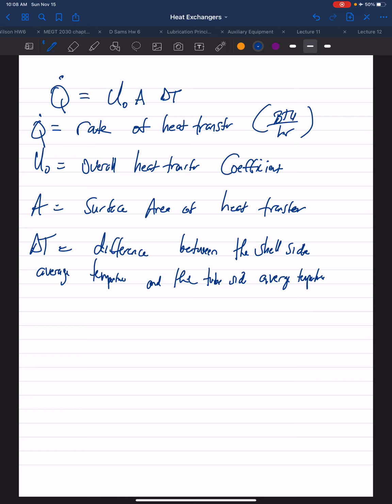So if you want a higher heat transfer rate, and this is all multiplication here, increasing any of these terms will increase your heat transfer rate. And we talked earlier about surface area, A. If you increase that, you can increase the heat transfer rate.